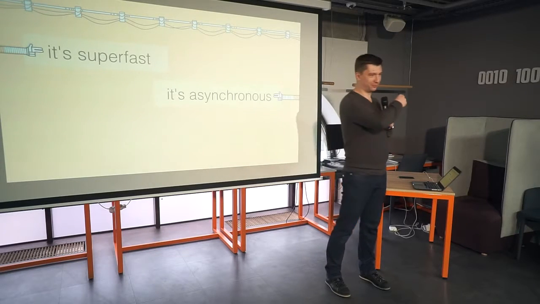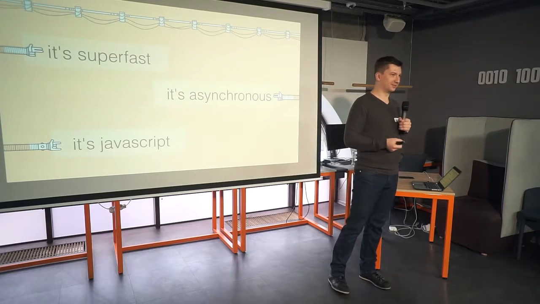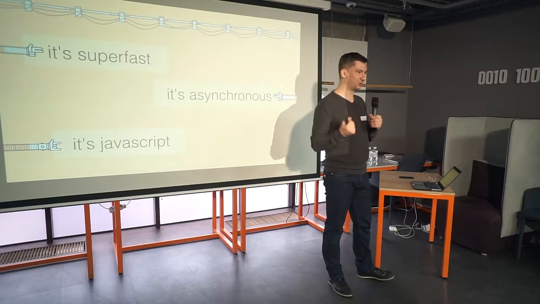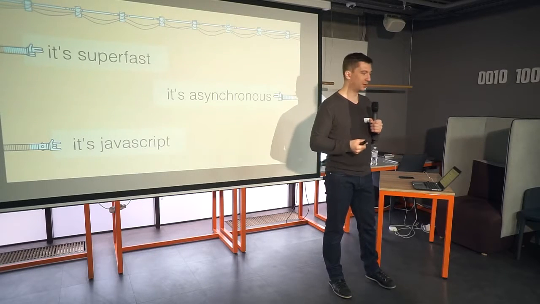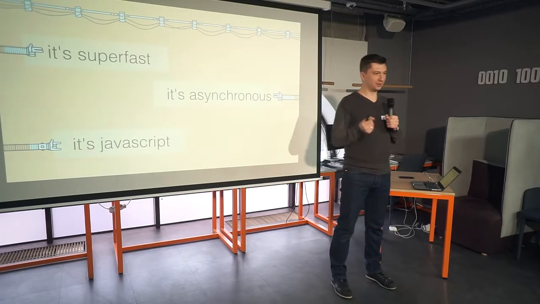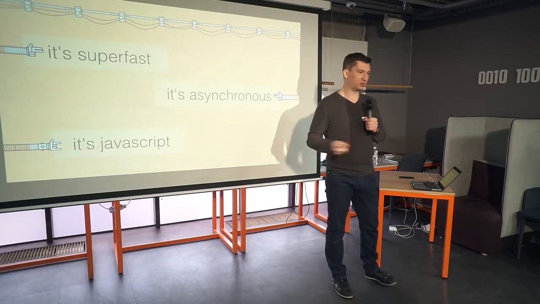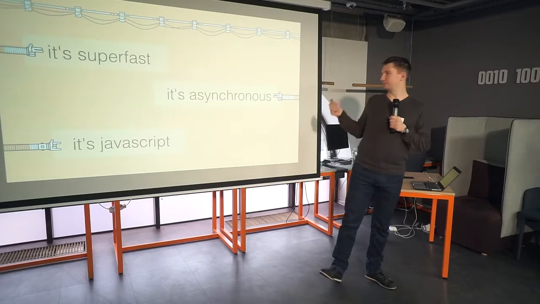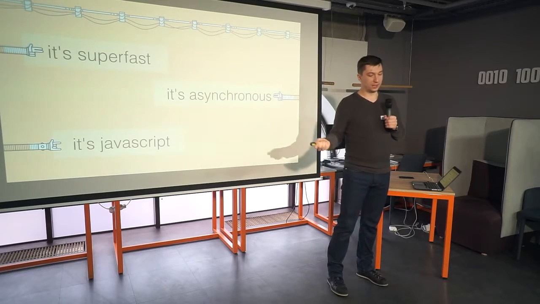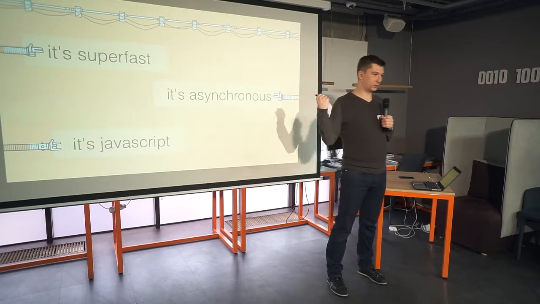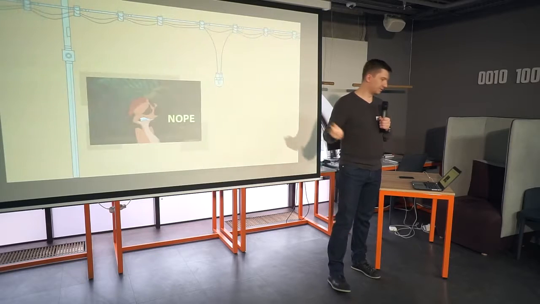Node.js is totally asynchronous, and Node.js is still JavaScript. This was super cool. This was the power of Node.js. We believed that we could write the same code which could run much faster in asynchronous mode without any additional effort. Right now, we don't think this way. We know how it works, and actually it's not true.